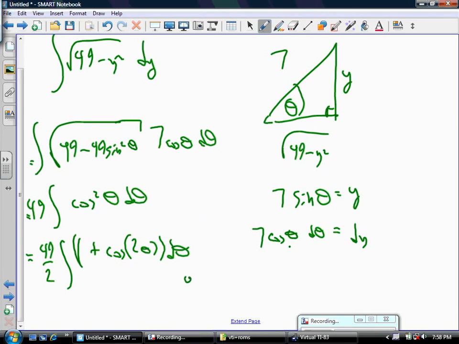If u is 2 theta, so who's du? 2 d theta, right? So I'm going to replace d theta with du over 2. So what's the antiderivative of cosine u du over 2?